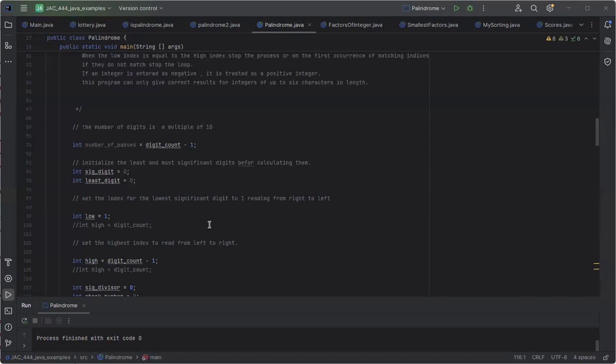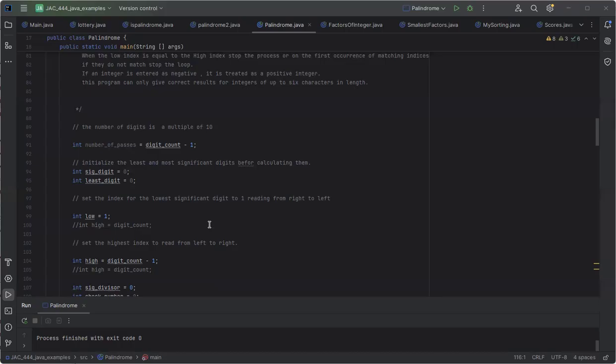Now, we're going to start off initially with the number from the keyboard, and we determine the most significant digit and the least significant digit. Say we have a number of 989876. The most significant digit is a 9, the least significant digit is a 6.